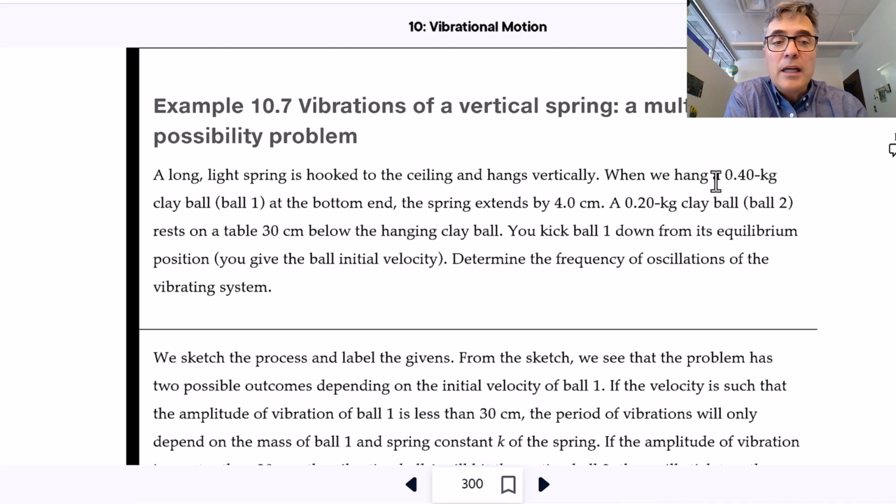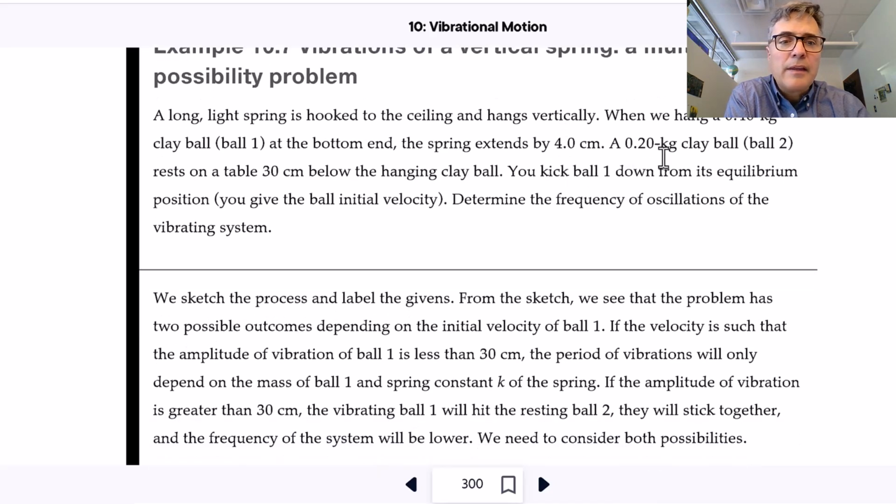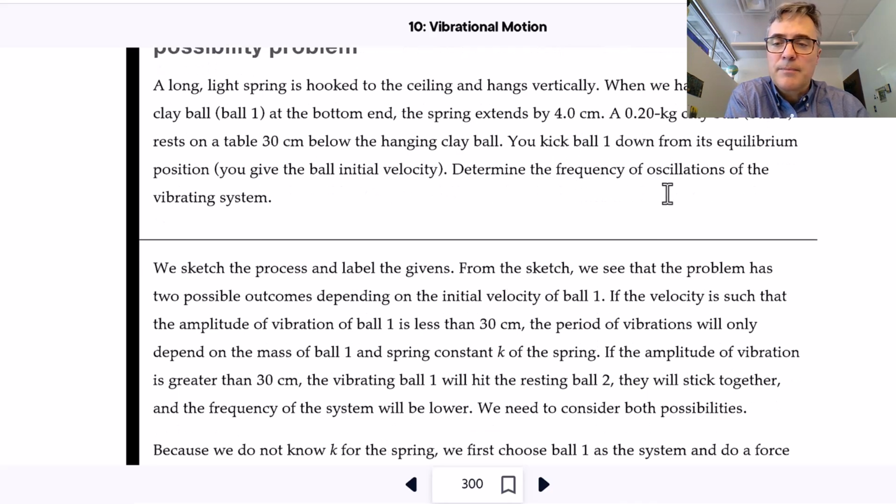When we hang a 0.4 kilogram clay ball at the end, the spring extends by 4 centimeters. A 0.2 kilogram clay ball rests on a table 30 centimeters below the hanging clay ball. You kick ball 1 down from its equilibrium position. Determine the frequency of oscillations of the vibrating system.